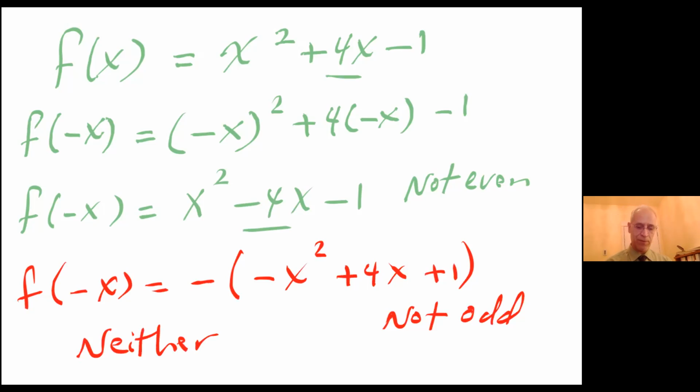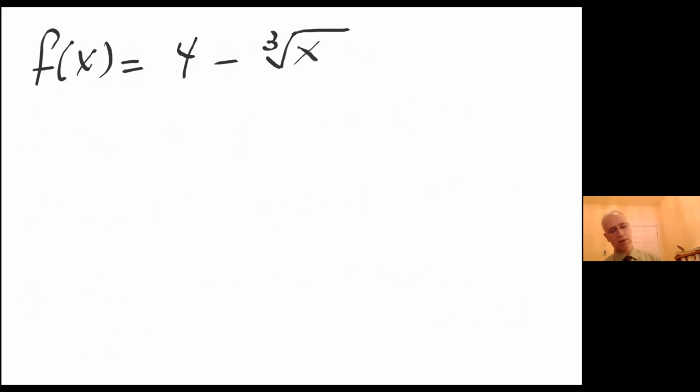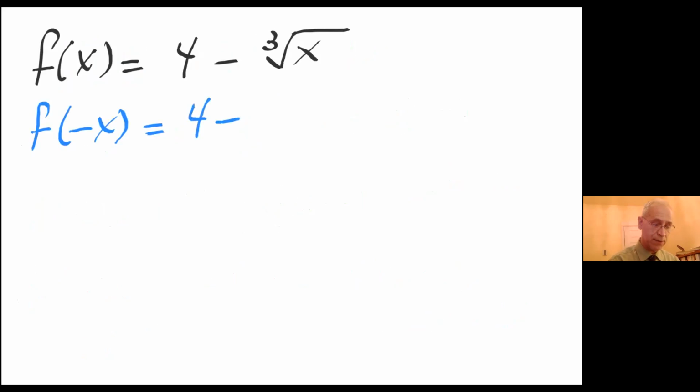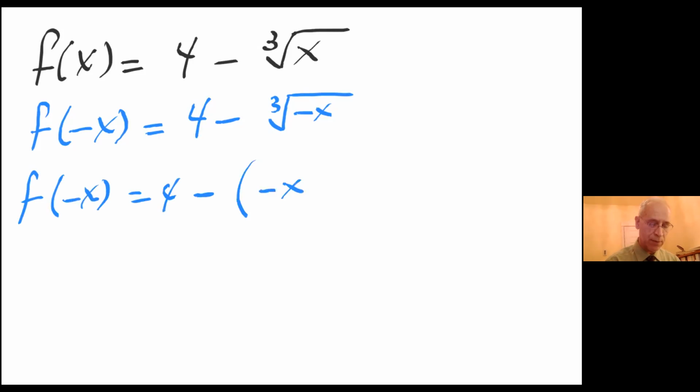Okay, and one very last example. Suppose you had something like f of x equals 4 minus cube root of x. Now I have to be careful with this one. F of minus x equals 4 minus cube root of minus x. Remember that this is the same as saying f of minus x equals 4 minus x to the power of 1/3.